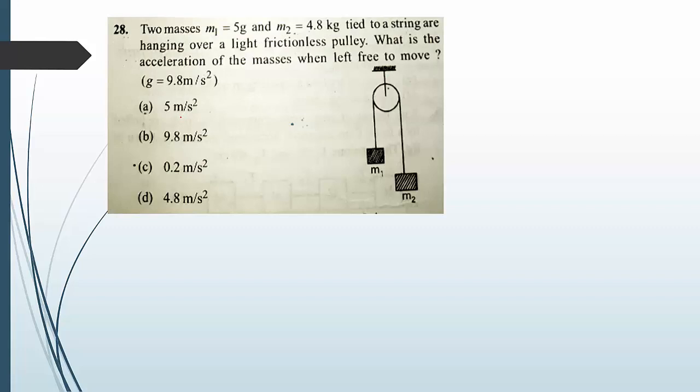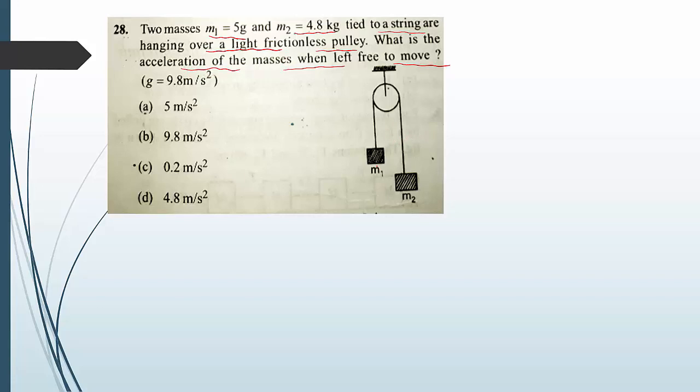28th question. Two masses m1 5 kg, m2 4.8 kg tied to the string are hanging over a light frictionless pulley. What is acceleration of masses when a lift is free to move and the g value is given? So here you can observe this diagram.